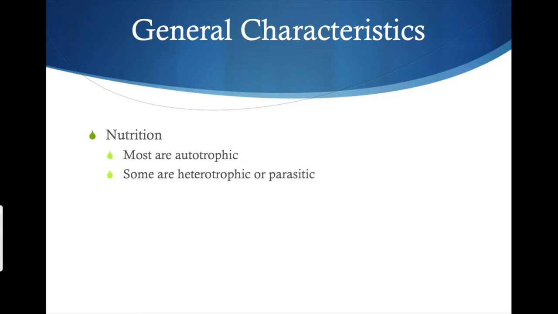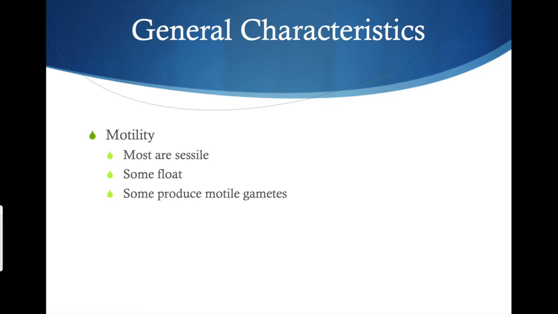Parasitic means that it lives off of another organism, right? So plants that are living on other plants, right? Some plants might be living on sea animals, okay? Reproduction, all reproduce sexually, but some also have asexual forms of reproduction, okay? So that is a reproductive characteristic of plants.